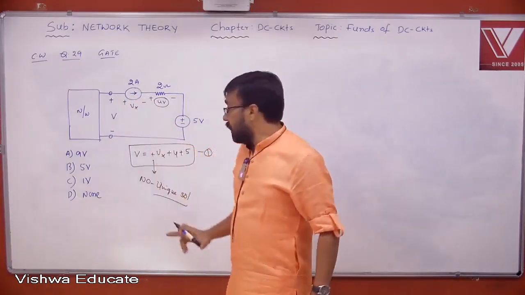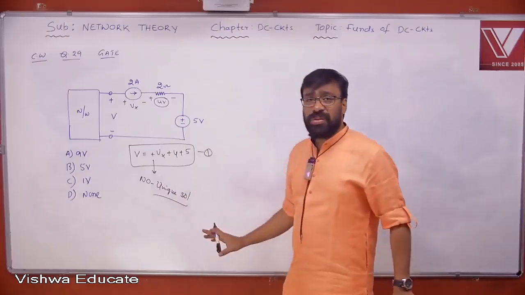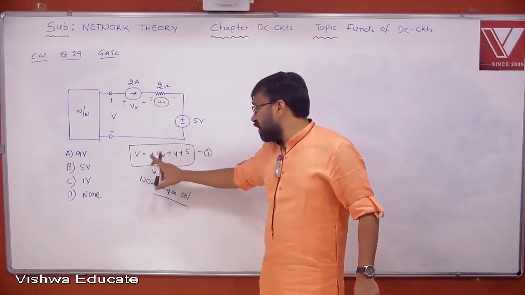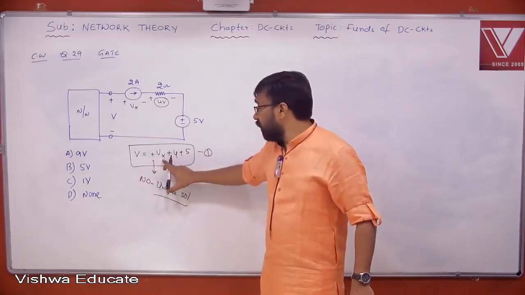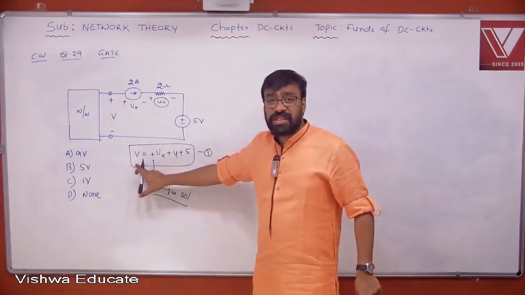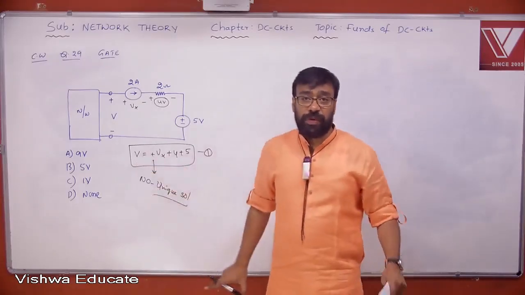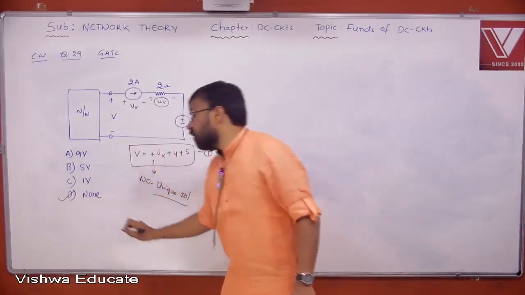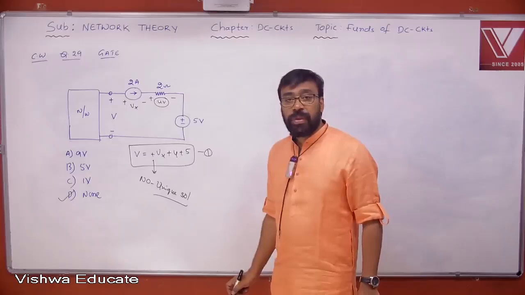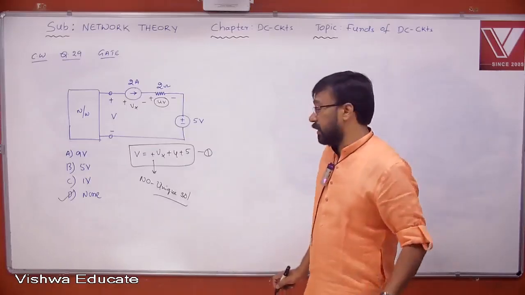A single equation, two unknowns, means there are multiple solutions for V. Without knowing this Vx value, can you find the V value? It is not possible. Therefore, the answer is none.